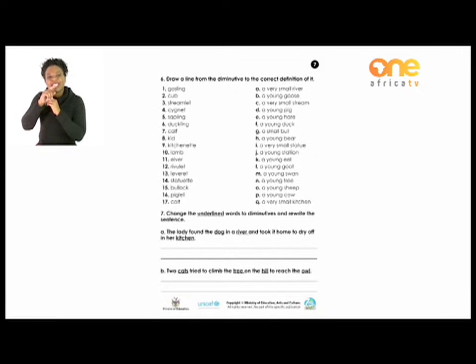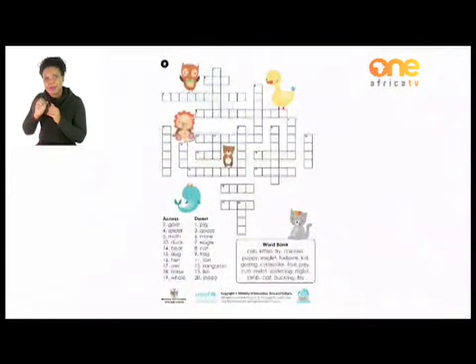Now, on page 8 of our booklet, there is a crossword puzzle. We have a word list on the bottom right. There is a list of words there which are diminutives. And then on our right, where it says across and down, those are the nouns where we should write the diminutives.